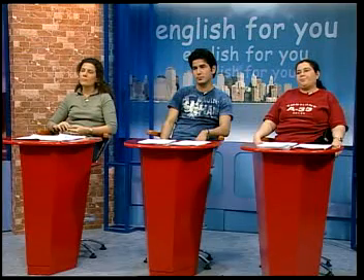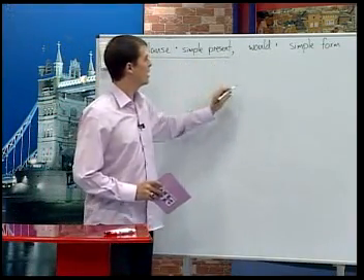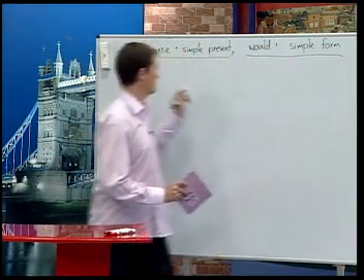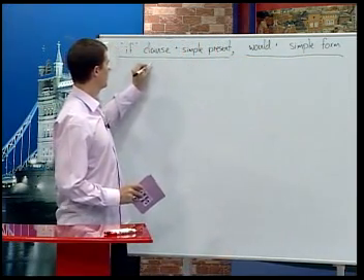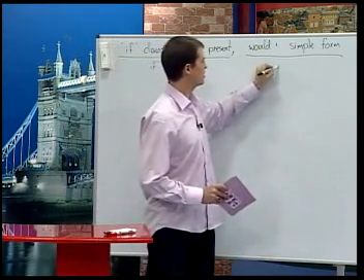So this is our if clause, if plus simple present, and then would plus simple form. Let's put that here. The if clause, and over here, the result clause.